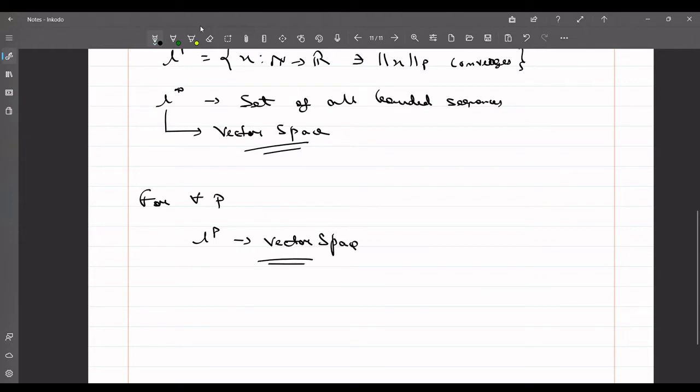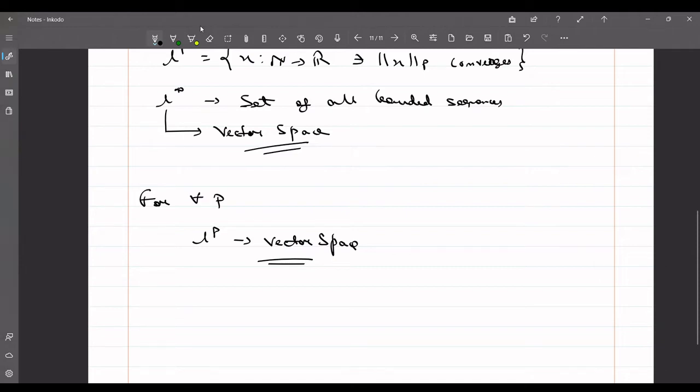Because the sum of two convergent sequences is still convergent, and a scalar multiple of a convergent sequence is still convergent. And in the case of supremum, the sum of the supremums gives a new supremum of the added sequence, and if you take the scalar multiple, the supremum scales by the same multiple. So these two cases are pretty much trivial, I may say.